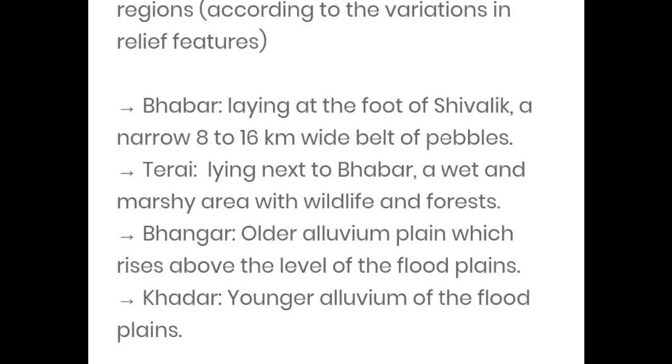On the basis of rivers, we divided the northern plains as the Punjab plain, the Ganga plain and the Brahmaputra plain, whereas on the basis of variations in relief features, we classified them as Bhavar, Terai, Bangar and Khadar. So this is all about the northern plains.